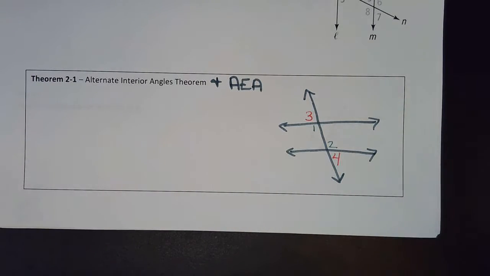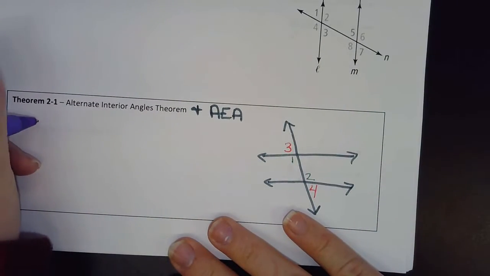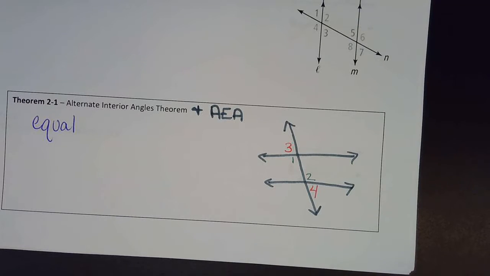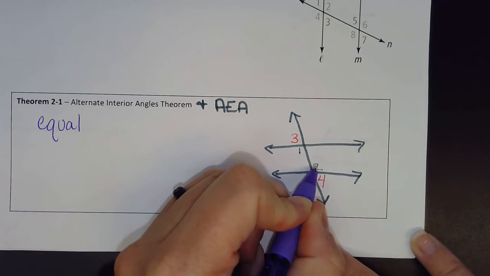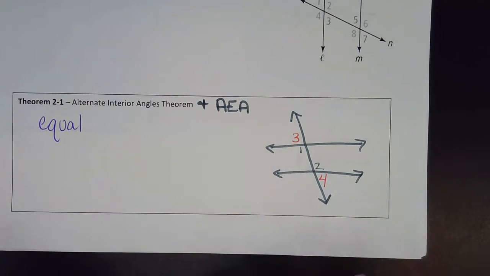So same side interiors and same side exteriors are supplementary. Alternate interiors and alternate exteriors are equal. Meaning that if you know that angle 1 here is 50 degrees, then angle 2 is 50 degrees. If angle 3 is 50 degrees, then angle 4 is 50 degrees.